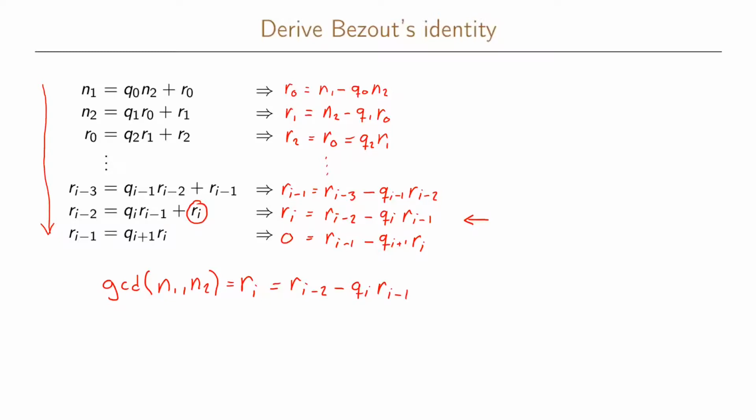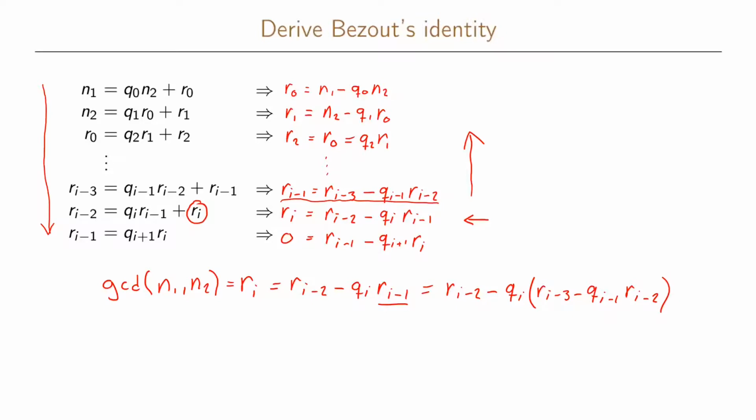And what we do here is iteratively go upwards towards r0, and we replace, first in this case, r(i-1) by the expression that we have here. So we rewrite this as r(i-2) minus qi, and now r(i-1) can be written as r(i-3) minus q(i-1) times r(i-2).